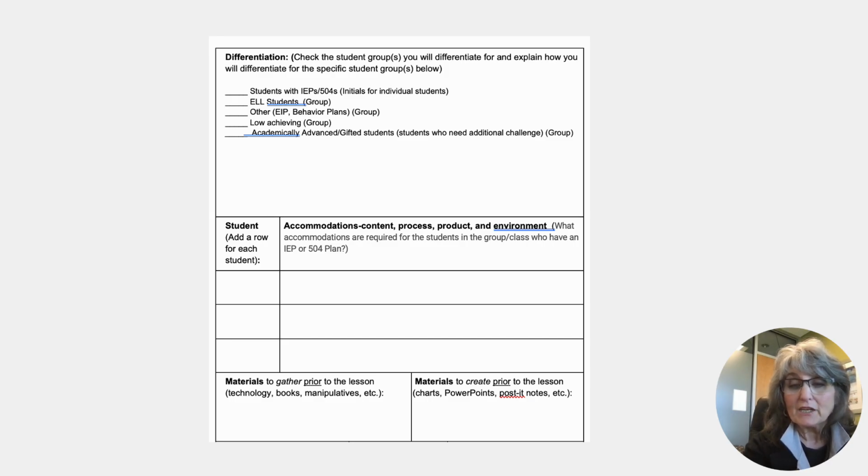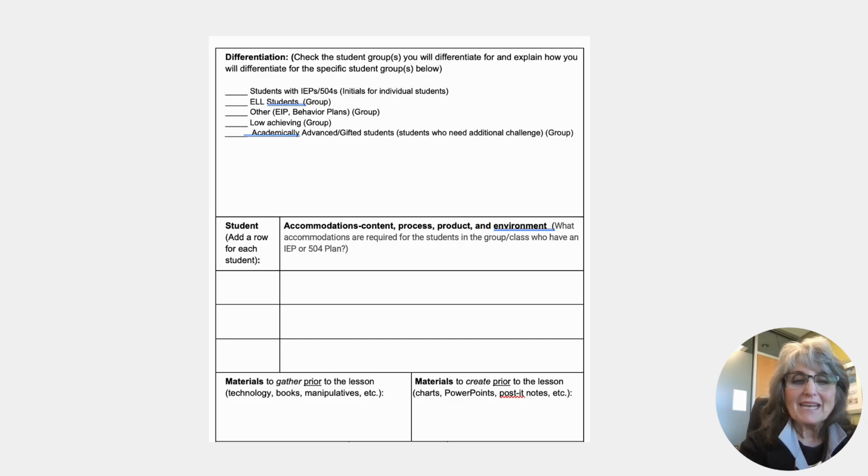Students who are English language learners, which means that English is not their first language. Are there any other types of behaviors that might need some accommodation or support? And this could be students who have an EIP or any other sort of behavioral plan. Maybe there are some struggling students, low achieving, that you might work with as a group and give them some extra scaffolds and some assistance.